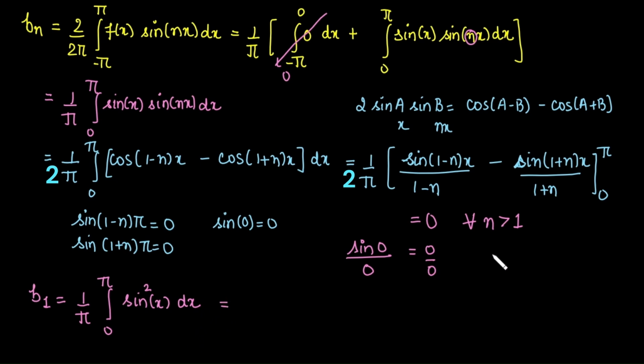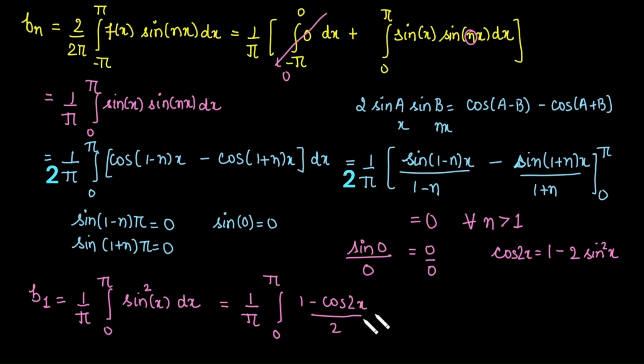We know that cos 2x is equal to 1 minus twice sine square x. From here, the value of sine square x is (1 minus cos 2x) divided by 2. So we have 1 upon pi, integration from 0 to pi, (1 minus cos 2x) divided by 2, its integration with respect to x.